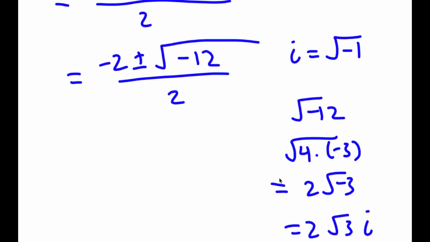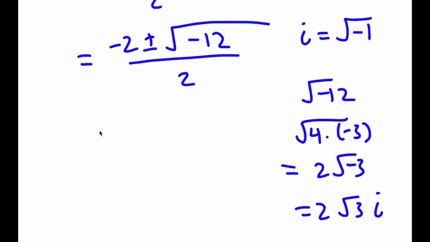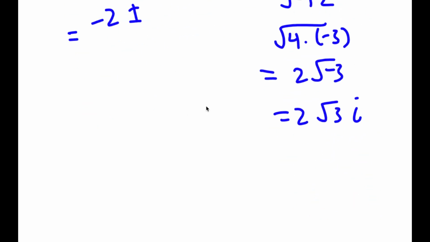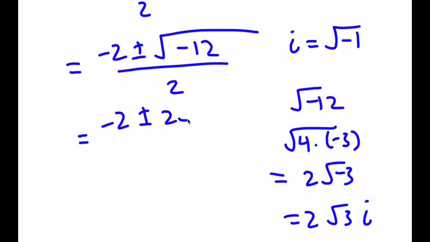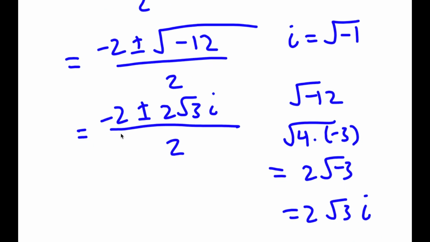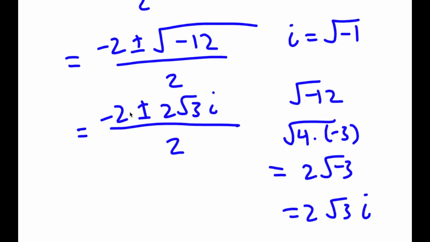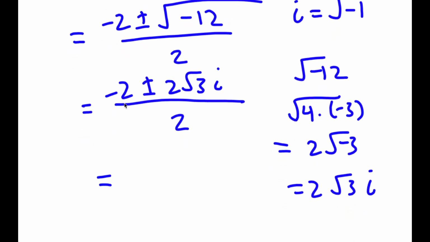So now I have negative 2 plus or minus 2 times the square root of 3 i, and we're dividing this by 2. Now 2 can divide with both of these terms. So now I have negative 2 divided by 2, which is negative 1, plus or minus 2 divided by 2, which is simply just 1, times the square root of 3 i.